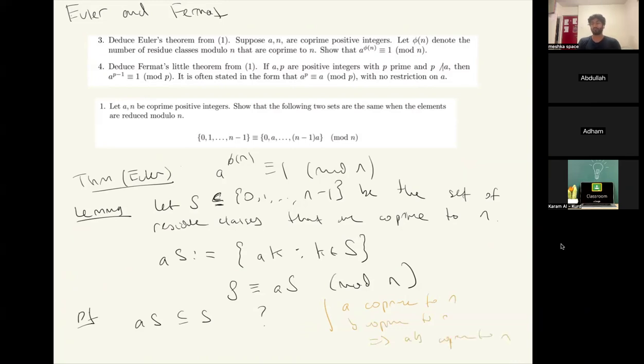Because coprime is just about having common factors. If a has no common prime factors with n, and b has no common prime factors with n, a times b also has no common prime factors. So that's the first thing we have to understand, that AS is contained in S. And then what's next?